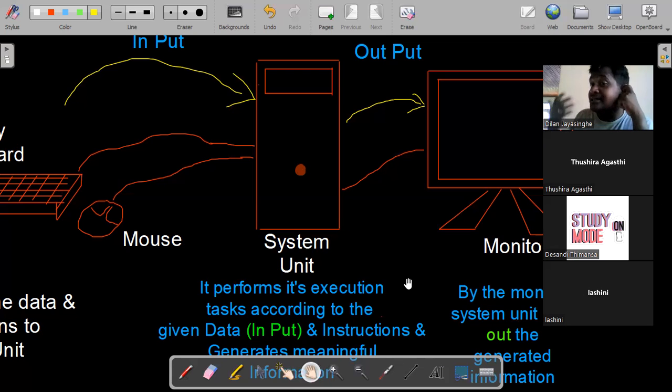Each and every task that we are doing by the computer, what are we doing? We are sending some data and instructions to the system unit. According to them, it is executing some sort of task and generating some kind of information, and outputs by the monitor.